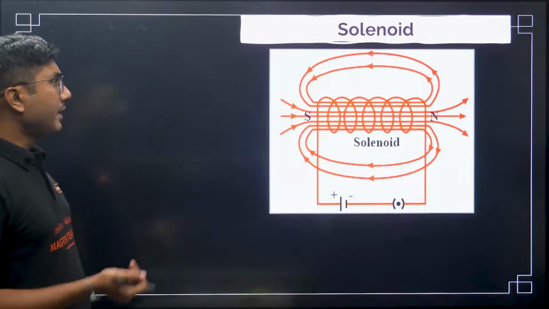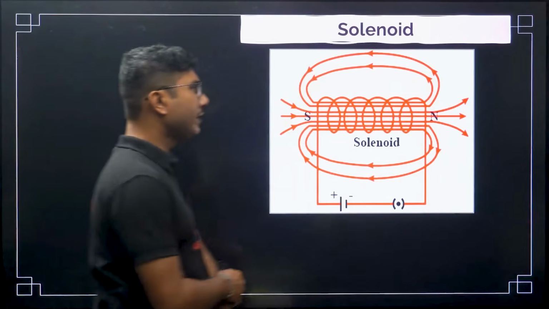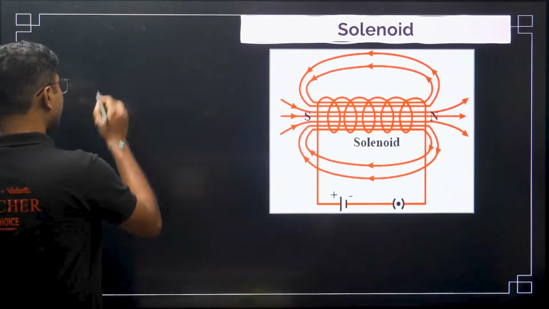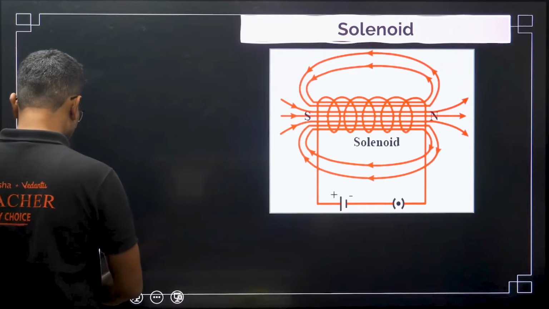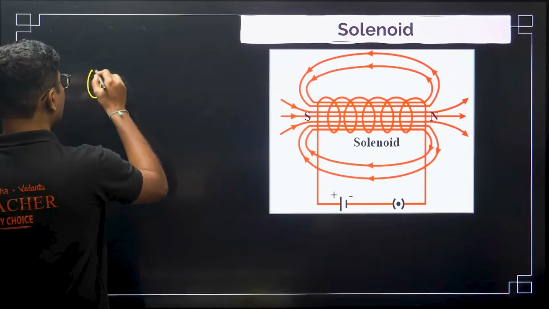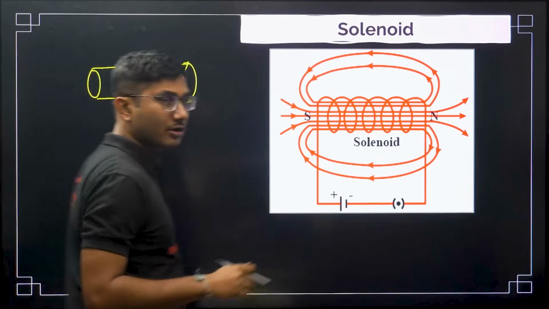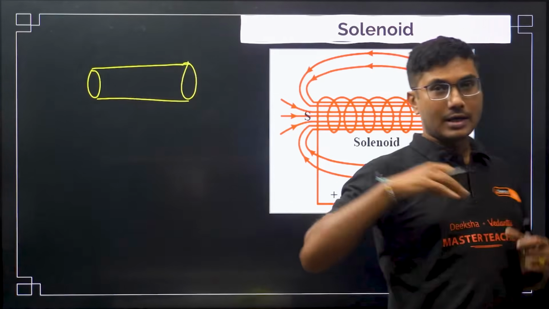Now solenoid. What is a solenoid? Suppose you take a small cylindrical object, like the handle of a bat, or any simple rod or pipe.